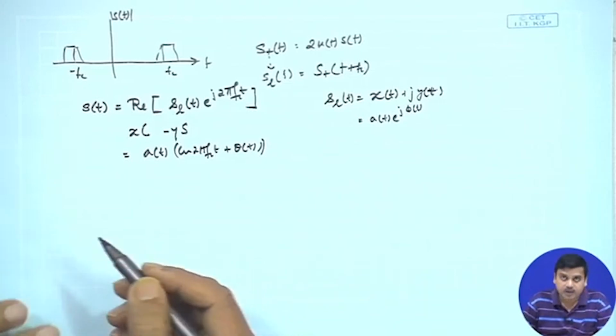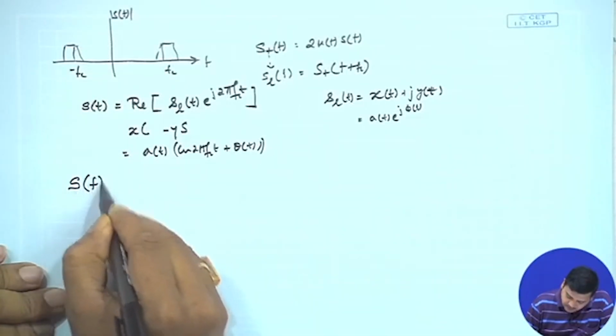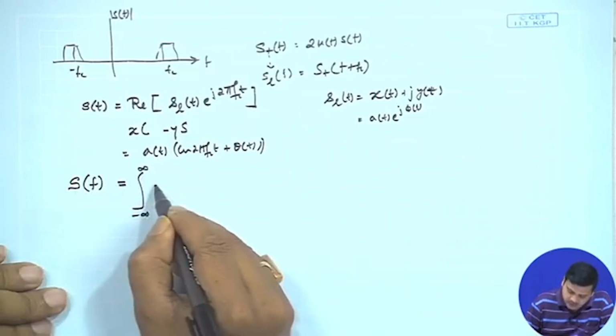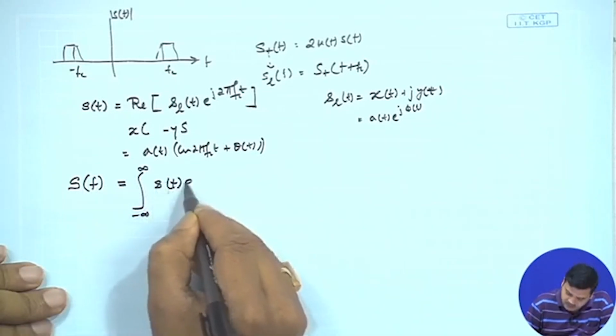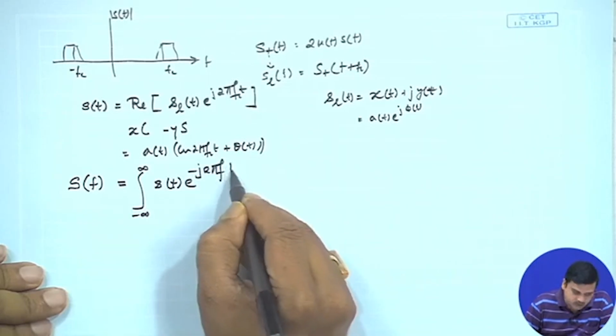Now, after having discussed these things, we would like to look at a few more relationships relating the passband spectrum to the low pass equivalent spectrum. For that, we write S of f equals the integral from minus infinity to infinity of s of t e to the power of minus j 2 pi f t dt.